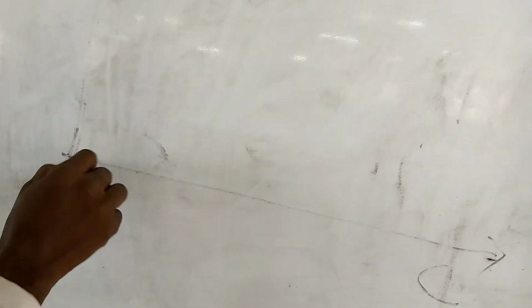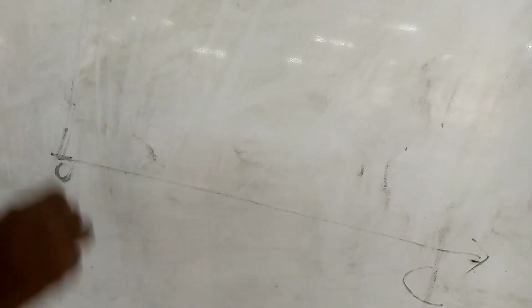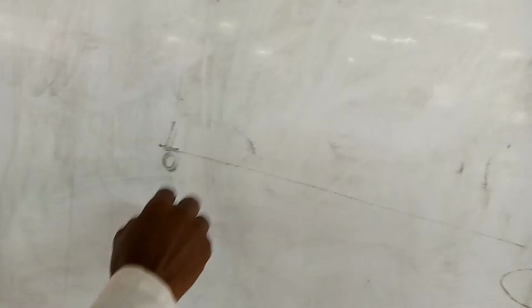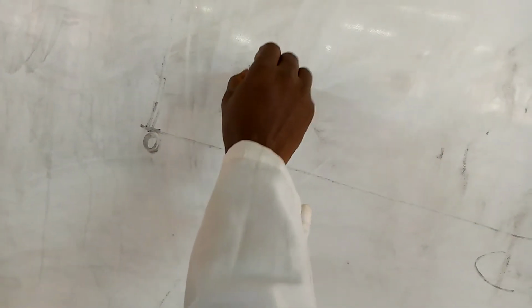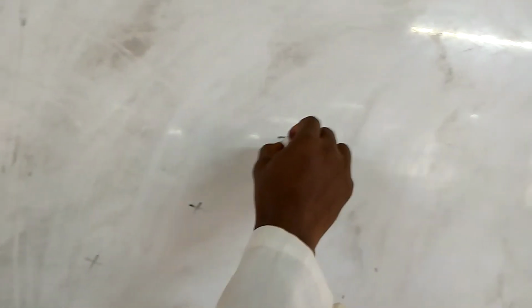Then our curve must always begin from the origin. The origin is 0. We make sure that our curve begins from the origin. And when we have done that, we can plot a straight line graph, making use of the values that we have here for our absorbance and the concentration.